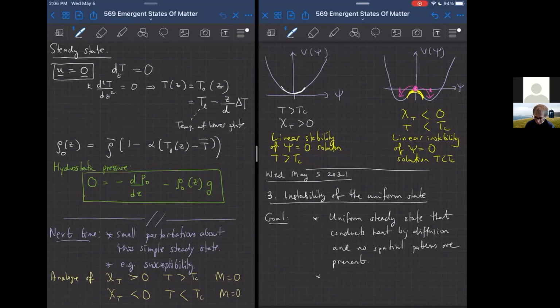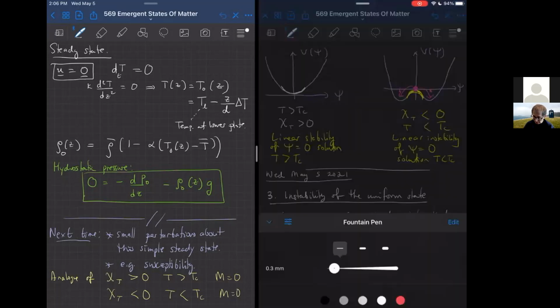So now what we want to ask is what happens if we make a perturbation of this state. In particular, what happens if that perturbation is a small perturbation.